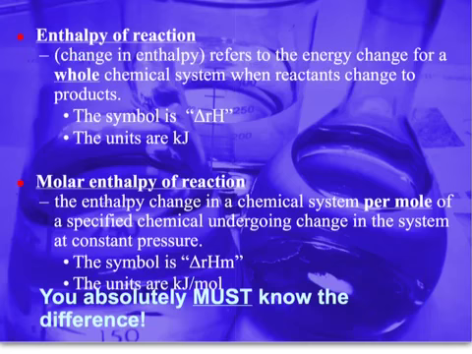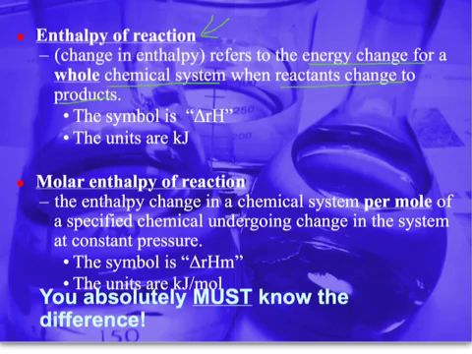In our last example, we used our calorimeter to measure the physical change of a substance. However, we can also use it to measure the chemical change of a different substance. When we talk about chemical change, we're talking about the enthalpy of a reaction. It is the energy change for the whole chemical system when the reactants change to products.